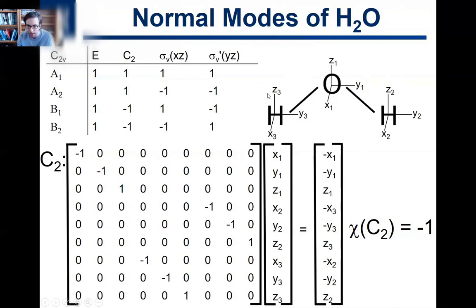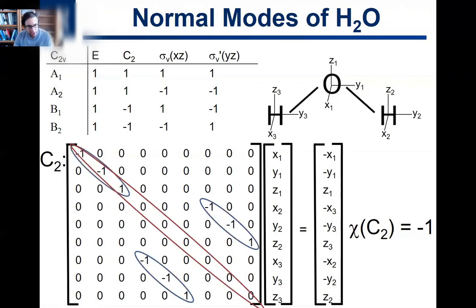Y3 is going to go into negative Y2, right? And then Z3 is going to go to Z2, okay? So from this, then you can come up with this 9×9 matrix that satisfies all this. And we would find the trace of this, which is -1 plus -1 plus 1 plus all these zeros. That gets you -1. Great.